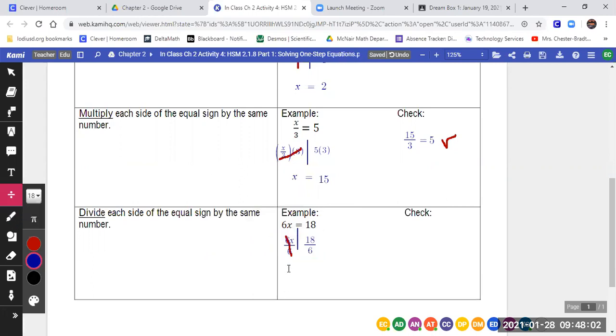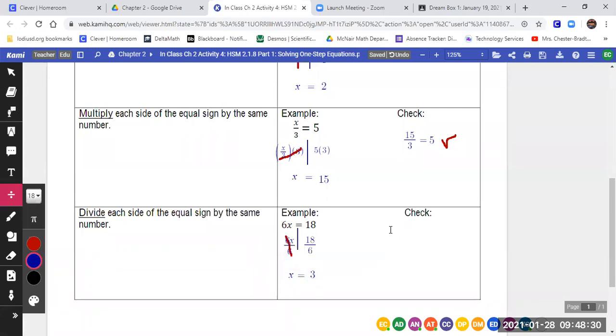Our X is left on the left side, and it's going to equal 18 divided by 6. So what's that? What is 18 divided by 6? 3.